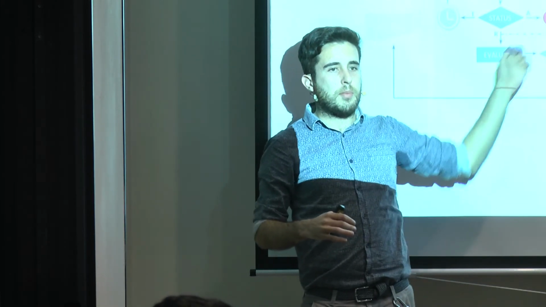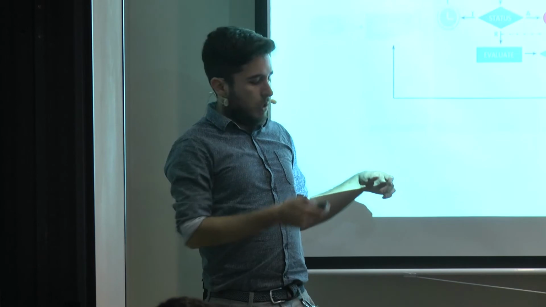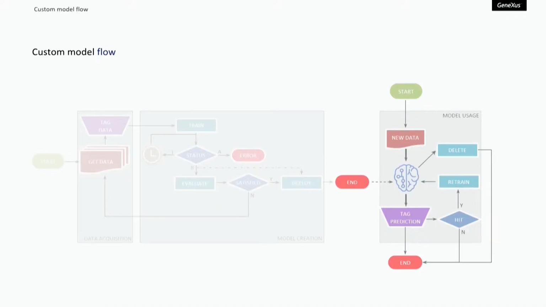You make it available to be used. And lastly, you already have the AI that is well trained, and then on the basis of new data, you'll be able to predict a personalized label, something personalized according to your needs. You may retrain the model with new data, or you may even delete the model if you don't need it.